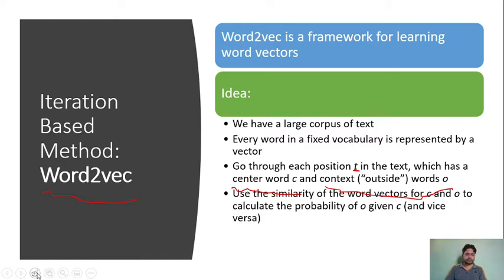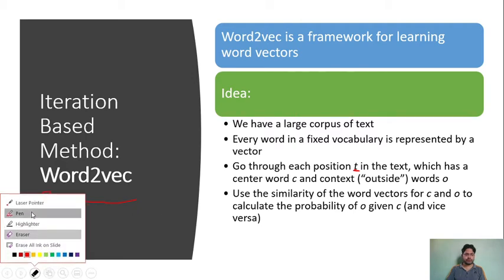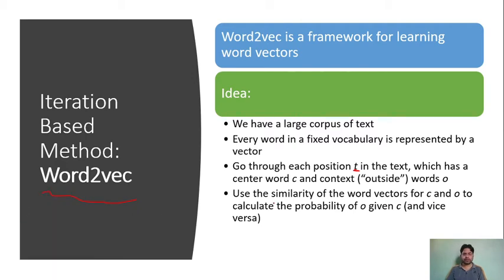Once we have the center word and context word, you will calculate the probability of the word that is given to you, where the center word is in between. So suppose your outside word is O and the center word is C. Once you have the outside word, you calculate the probability of the center word.